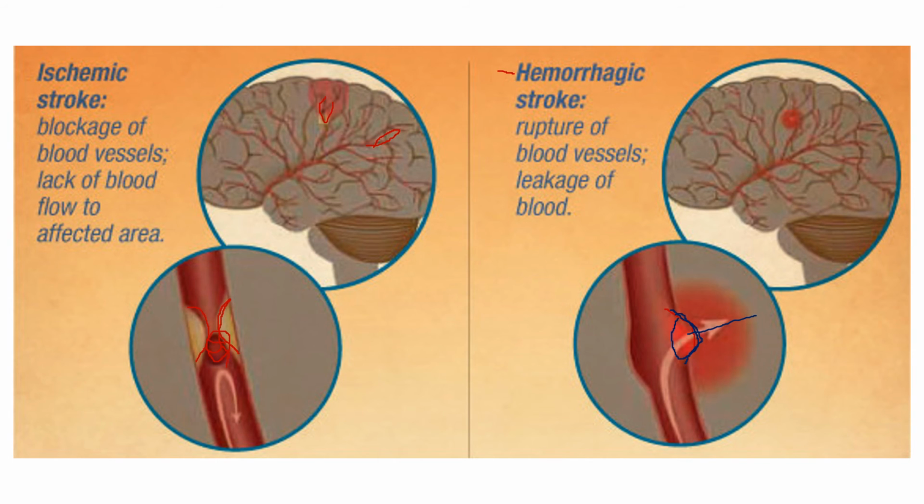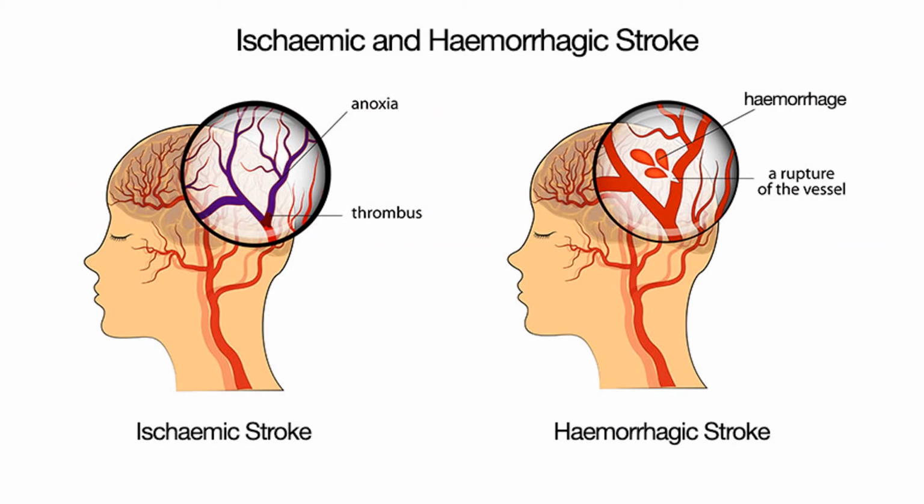So the blood that was designed to go downstream to supply oxygen to the brain and its tissues, the brain and its tissues are not getting nearly as much of the oxygenated blood. That would be a problem, and it's also a problem because now blood is seeping into the brain tissue itself.